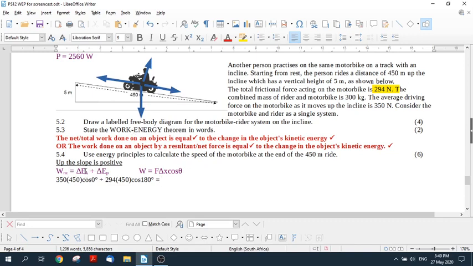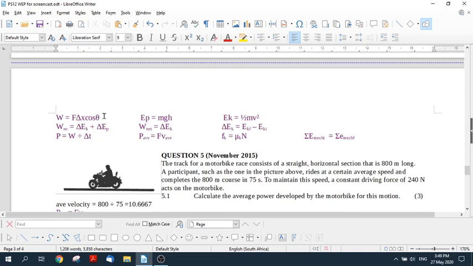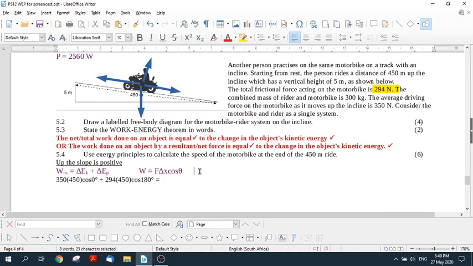And now this is equal to the change in the kinetic energy. Remember, we're going to use these two formulas, the EP and the EK. So here I'm going to substitute in a half. I can't remember the code for a half, so I'm going to put in 0,5 for a half, and then it's going to be M. Remember that the system is 300 kilograms, a half M. And then it is the change.